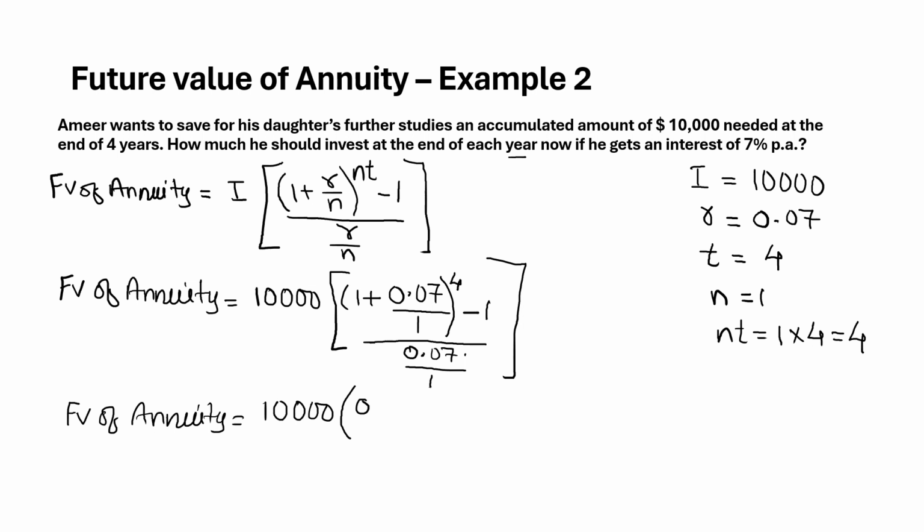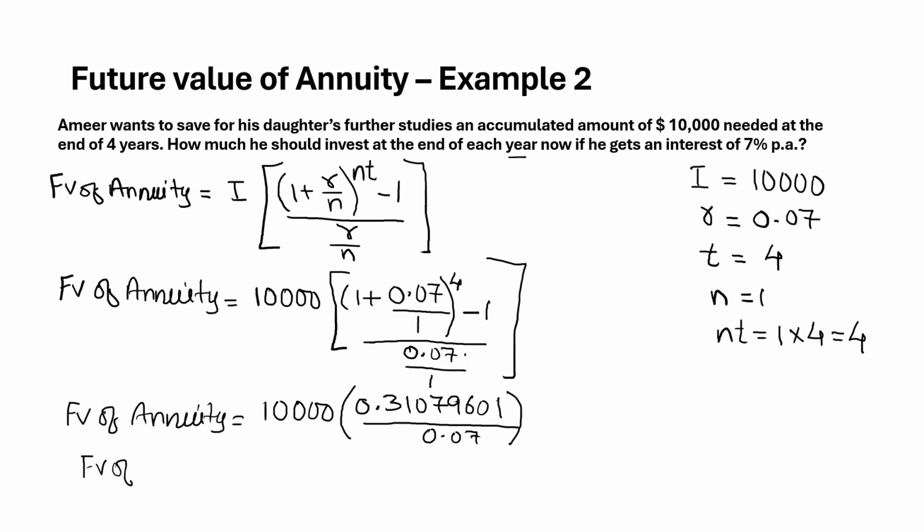You will get 0.31079601. Keep this amount on your calculator itself and just divide this amount by 0.07. No need to change.